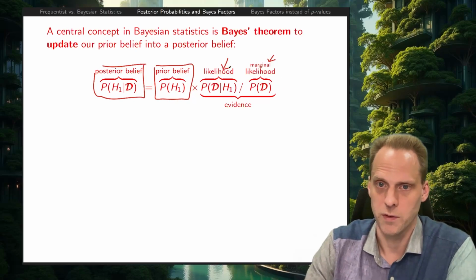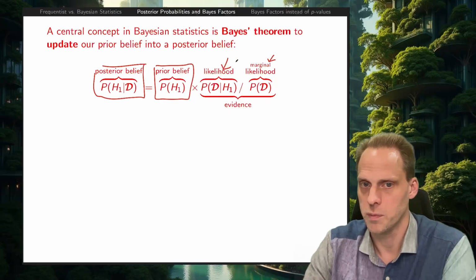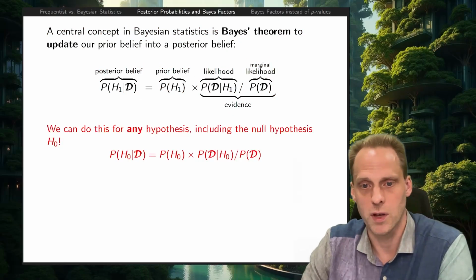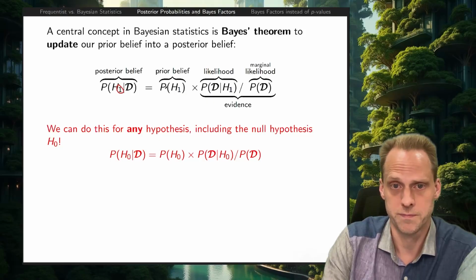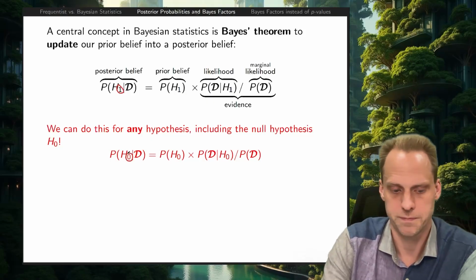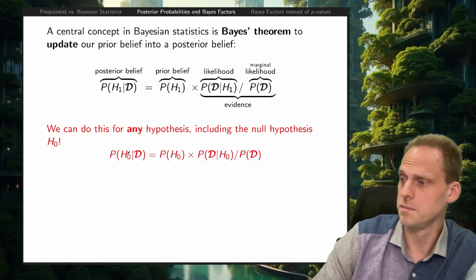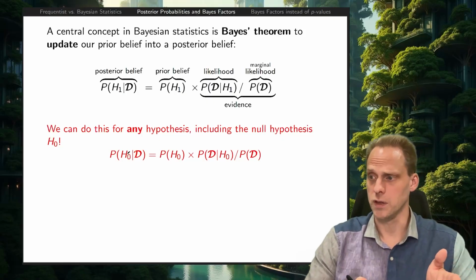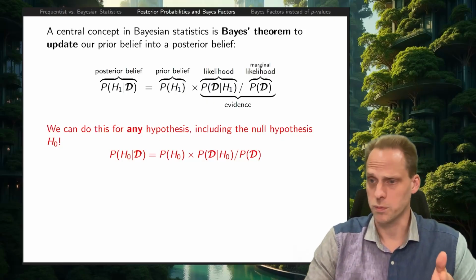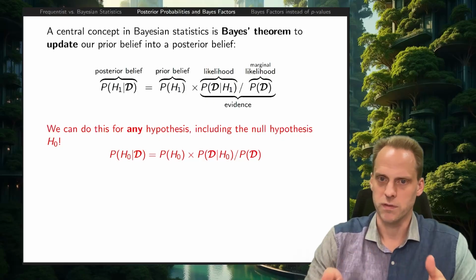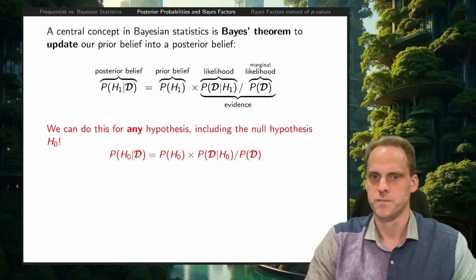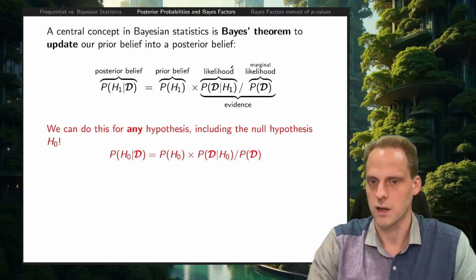Doesn't matter. If you combine these things together, you basically get evidence. And we can do this for any hypothesis, so for the alternative hypothesis, but also for the null hypothesis. Basically, our posterior degree of belief, how much we believe now, equals our prior degree of belief times how much evidence there is in favor of this hypothesis, which we calculate from this likelihood itself.